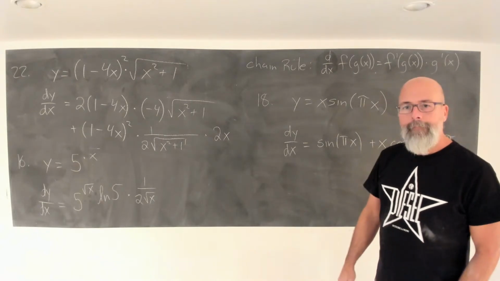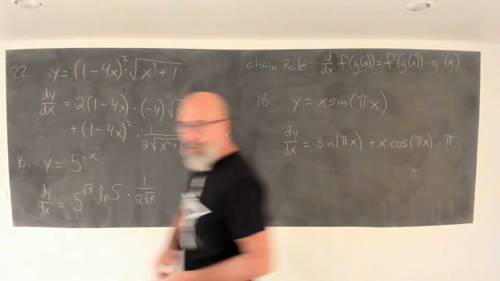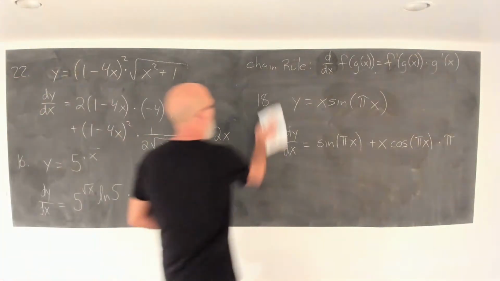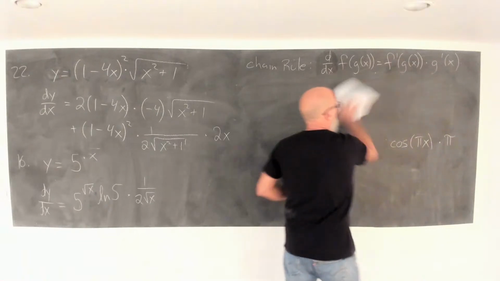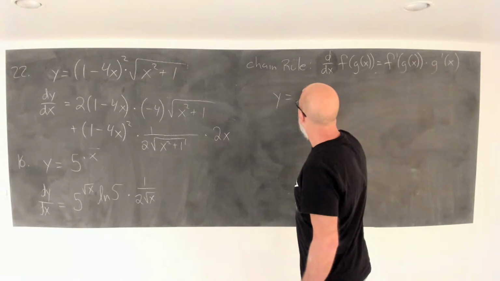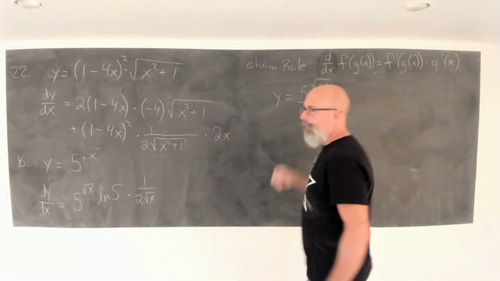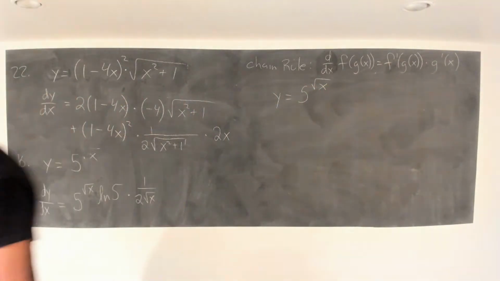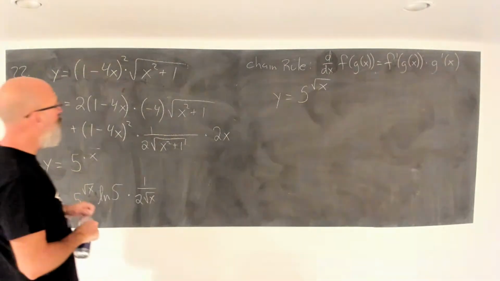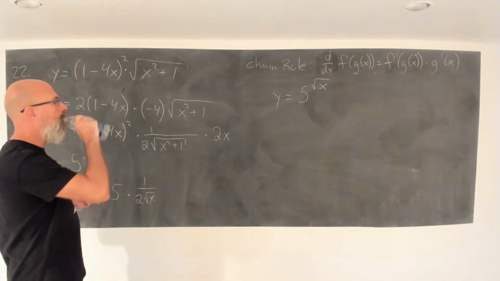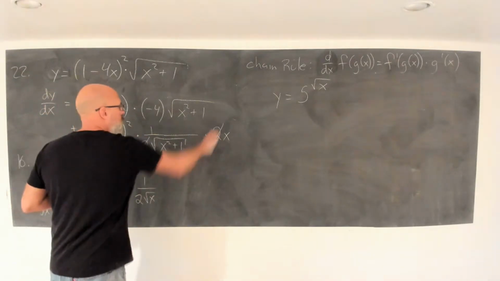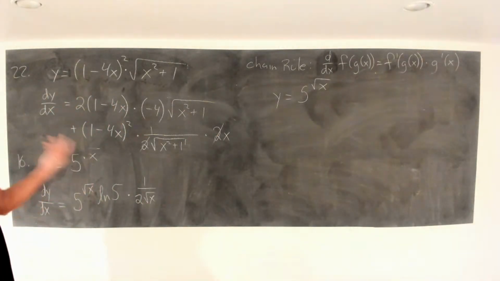How are we doing? Let's quickly revisit 16, for those who might not have gotten it. And I had suggested, should you try to expand and simplify? No. You might want to factor. The 2's cancel out nicely.